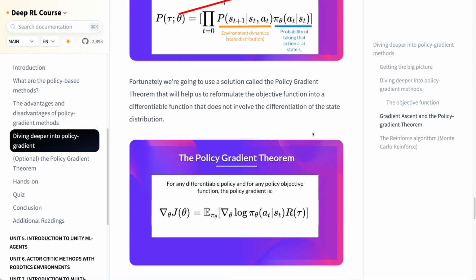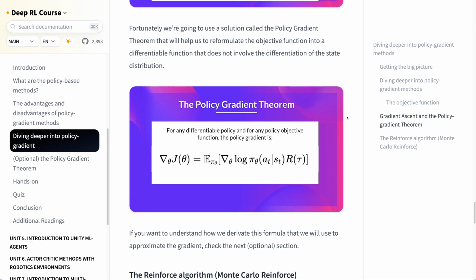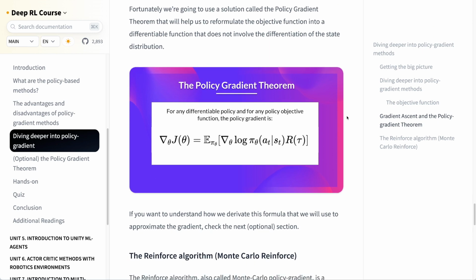The policy gradient theorem: for any differentiable policy and for any policy objective function, the policy gradient is this. It's good to know that we have one. If you want to understand how we derive this formula that we will use to approximate the gradient, check out the next optional section.